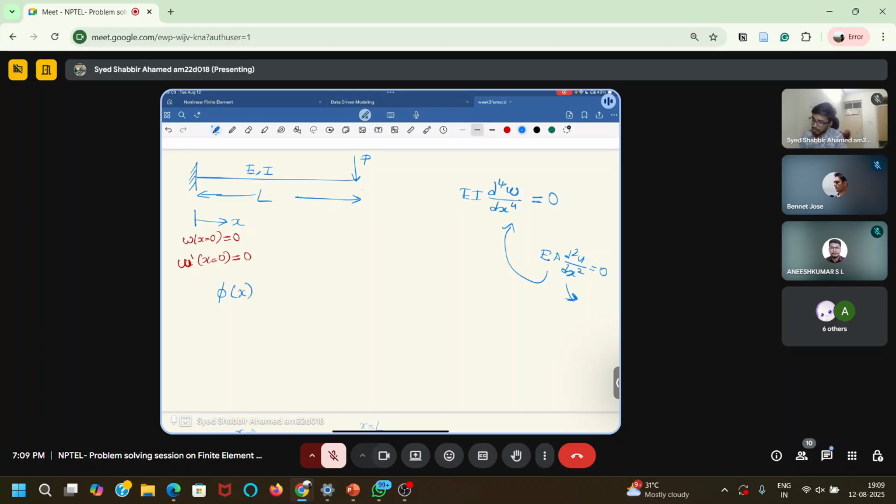There is also a natural boundary condition which has to be satisfied, but we should not care about it while choosing or assuming the approximate solution.